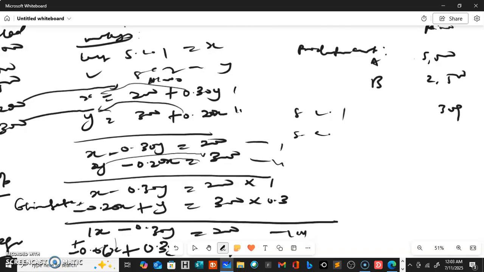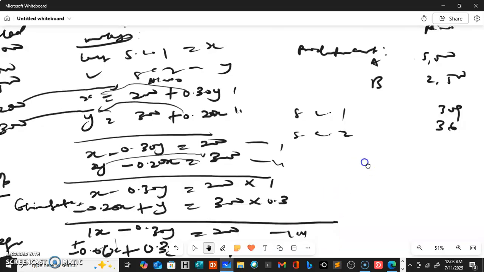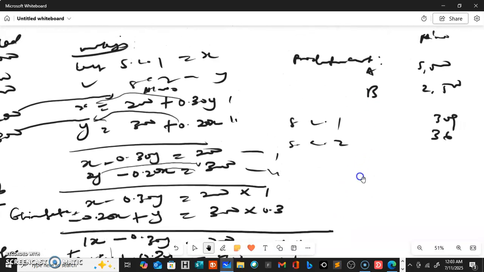And service cost center 2 is 363. So at the end of the day, using the simultaneous equation or algebraic method, we have 309 as the total cost for service cost center 1, and SC2 equal to 363, the total cost for service cost center 2.